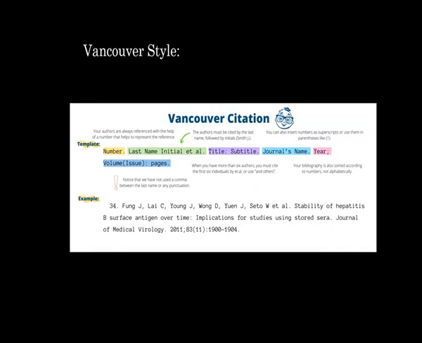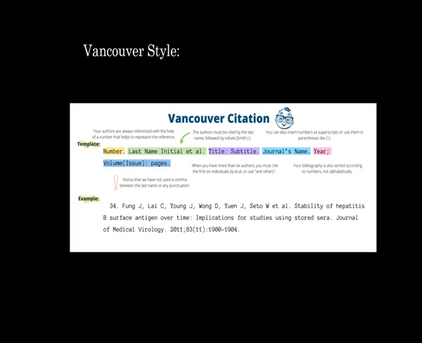And as far as the name of the author is concerned, we use the last name first, and then the initial. For example, if the name of the person is John Smith, we will write Smith first, then J. And if there are more than six authors, we will write the names of six authors. Then we will use et al.